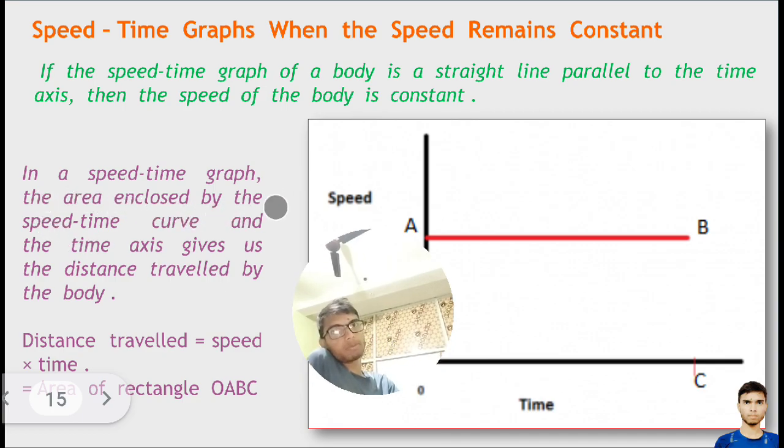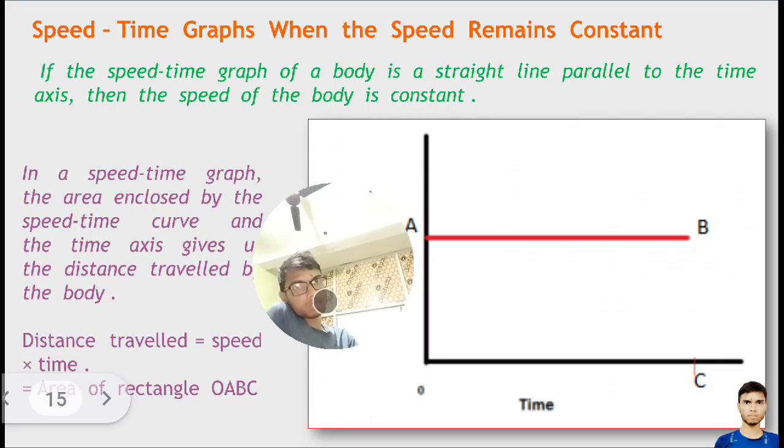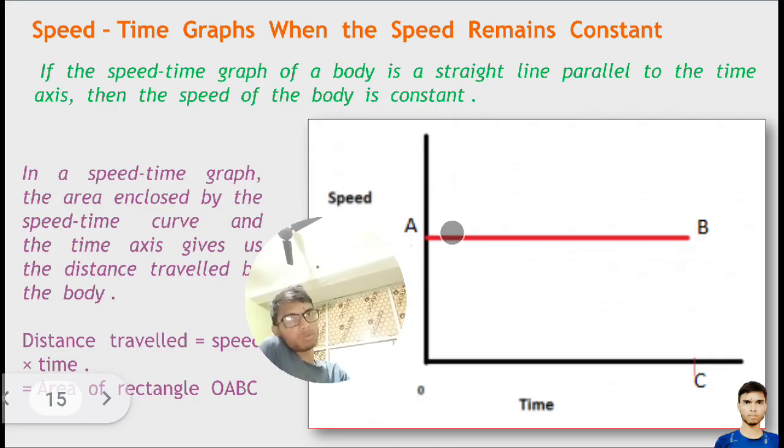In a speed time graph, the area enclosed by the speed time curve and the time axis gives us the distance traveled by the body. So you have understood what it is trying to tell you. Now we are able to move towards the next.